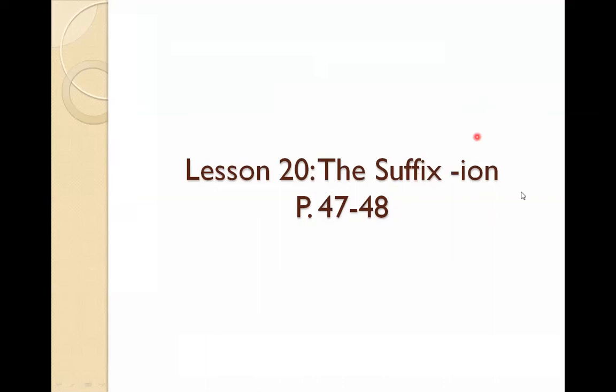Today we are going to talk specifically about the suffix ION, which marks nouns. So if you see any word which ends in ION, you have to know that this word is a noun, okay?